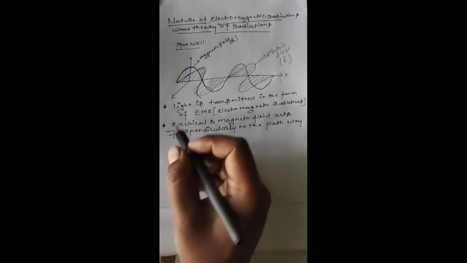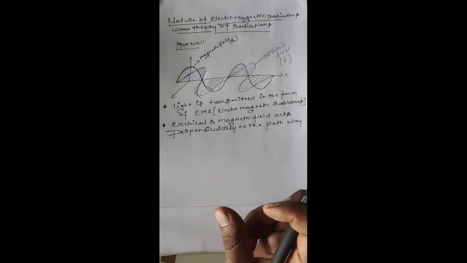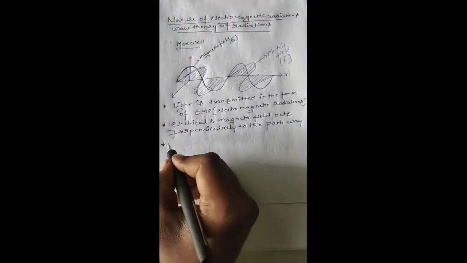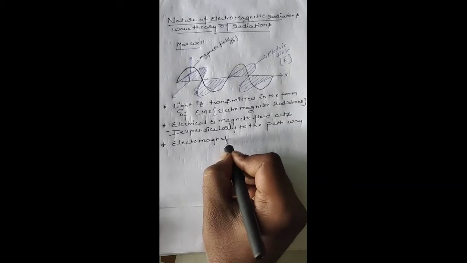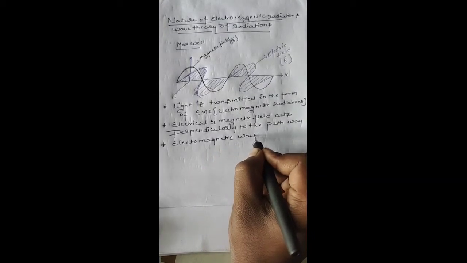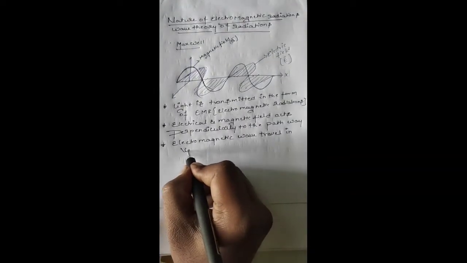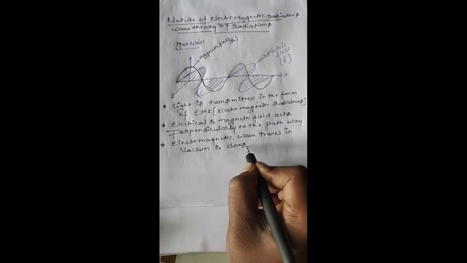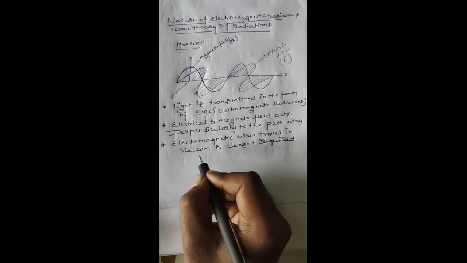Next, what we know by seeing this diagram is that electromagnetic waves travel in vacuum and do not require any medium. You see, light does not need any medium. The next point we are going to write is: electromagnetic waves travel in vacuum and do not require any medium.